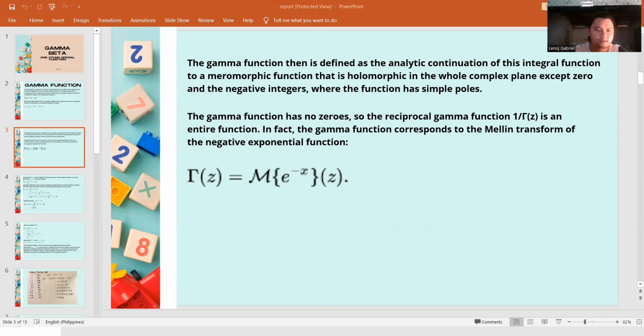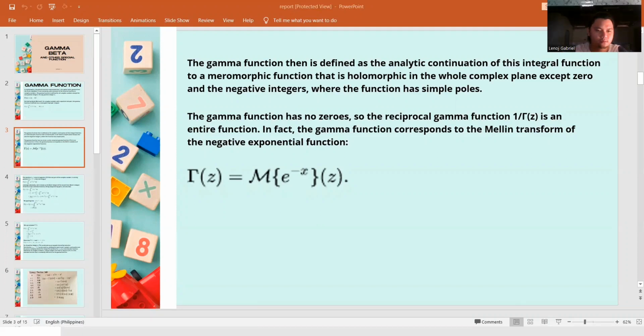So makakancel na ito dahil 0. Meron na tayong integral from 0 to infinity of e raised to negative x dx. So let's integrate.